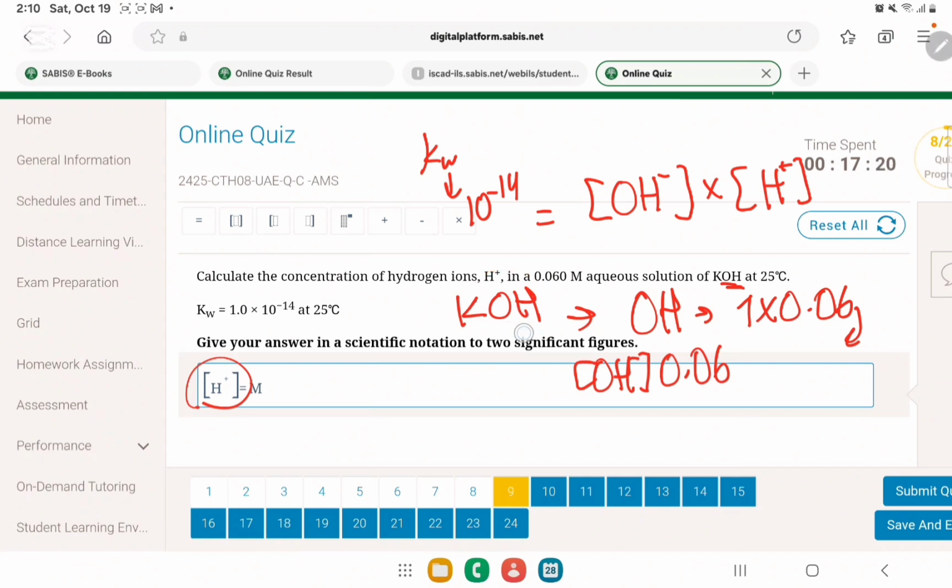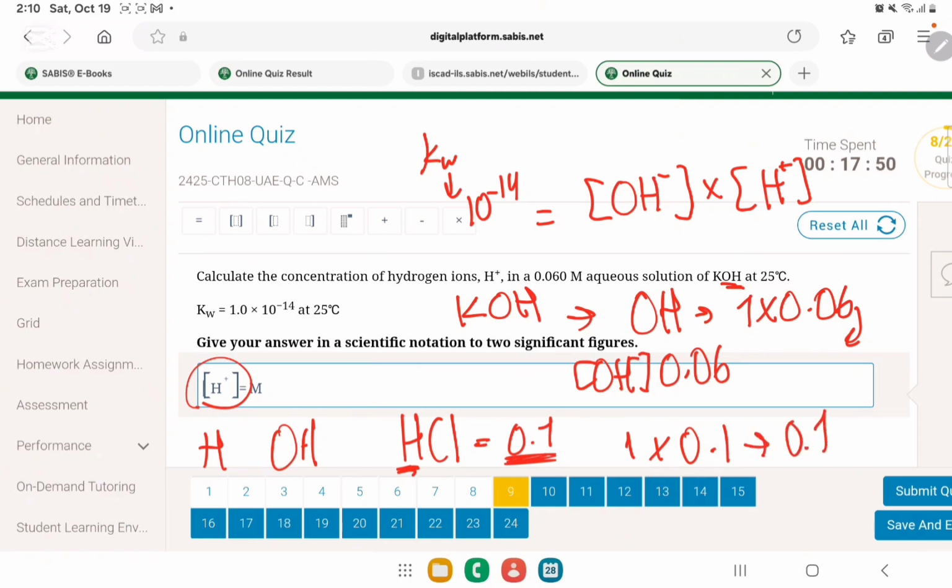Look. Whenever they give us anything, for example if they give us HCl with a concentration of 0.1, we're going to look for how many there are, either H or OH or both. Here we have only one H, so we do 1 times the concentration that they gave us, which is 0.1. So 1 times 0.1 is the concentration of H in HCl.